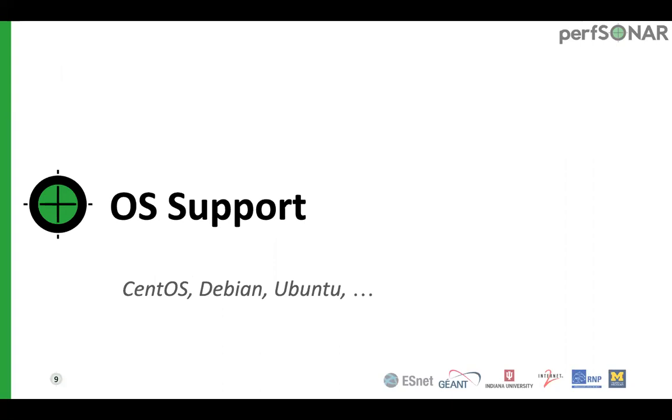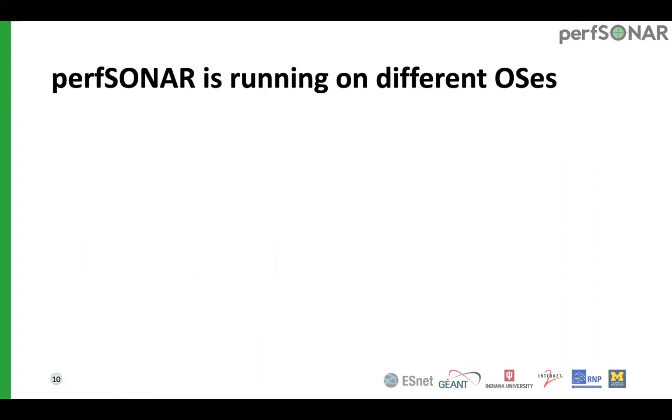So one thing we as perfSONAR developers were interested in having feedback about is the operating systems support, and on which system you can run perfSONAR, because there has been a bit of changes recently, and you probably know about that.